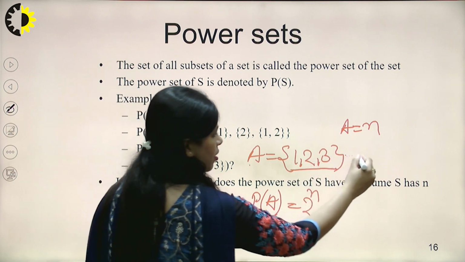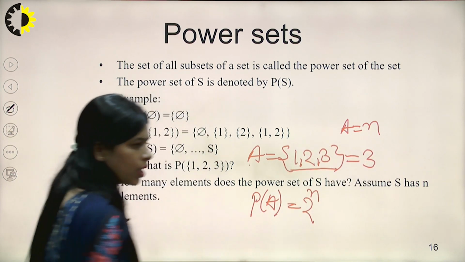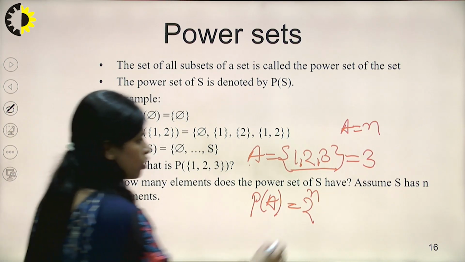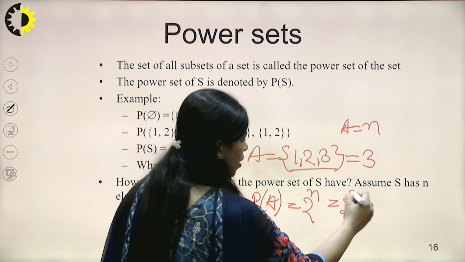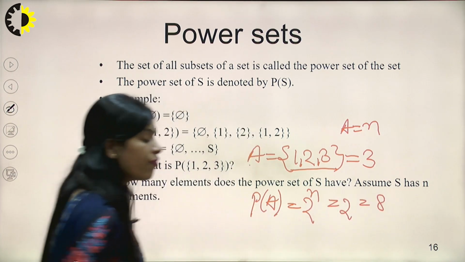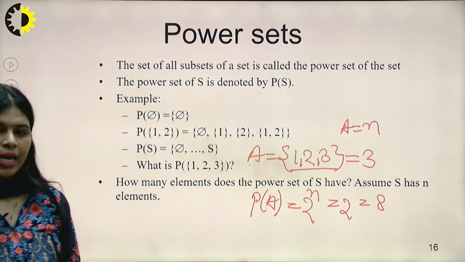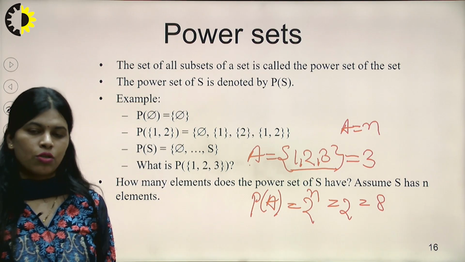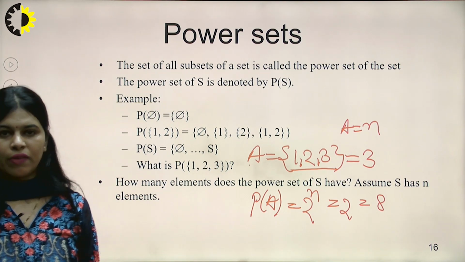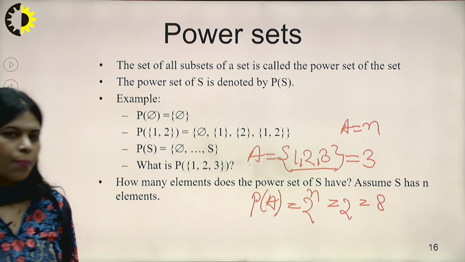If A equal to 1, 2, 3, the number of elements is 3. Then the power set of A should have 2 raised to the power 3, that is 8 subsets, sorry, not elements, 8 subsets in the power set.